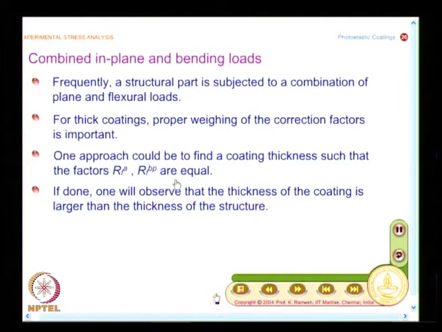Suppose I do this, thickness of the coating is larger than the thickness of the structure. So, such contradictions exist. See, the whole idea here is we have looked at what is the correction factor. Like I said, finding out the maximum fringe order obtainable in a photoelastic coating testing is an issue.